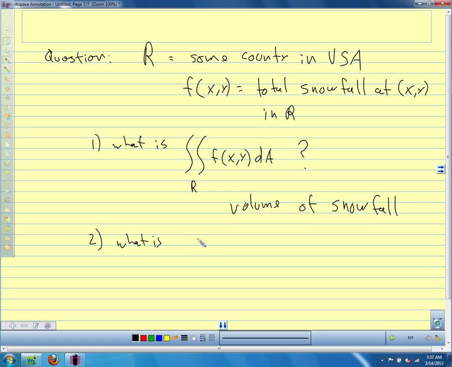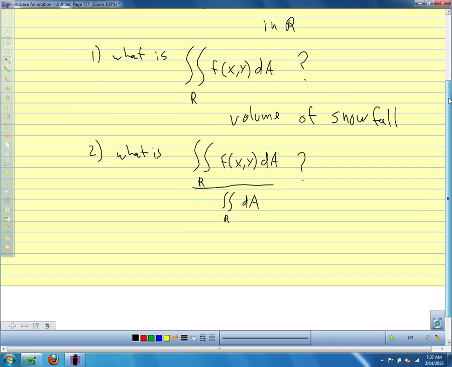All right. So what would this be? What did we decide this top one was?